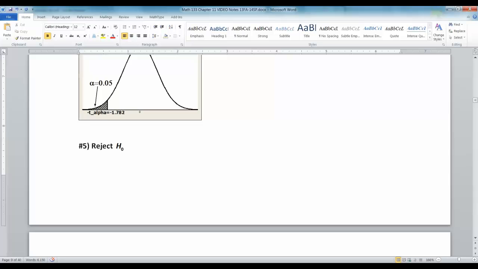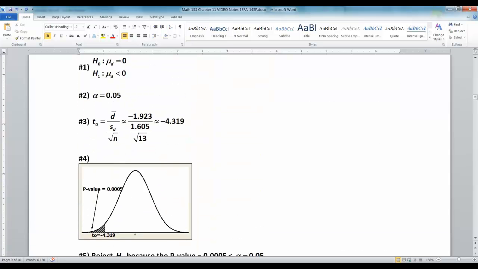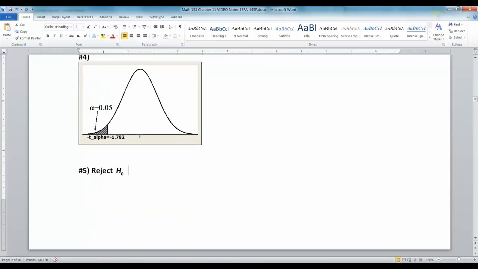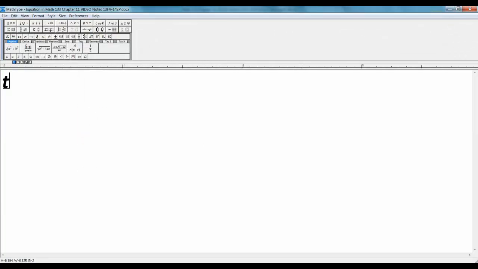And this time, why are we rejecting? You reject because your test statistic, which is negative 4.319, step 3 right there, is lower than your t alpha, because t0, which was negative 4.319, is less than negative t alpha, which was negative 1.782.